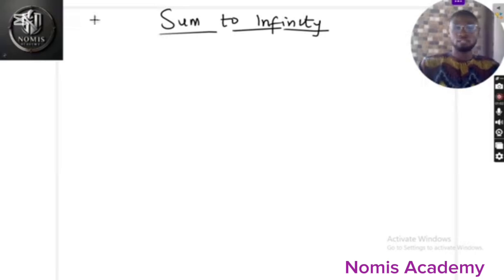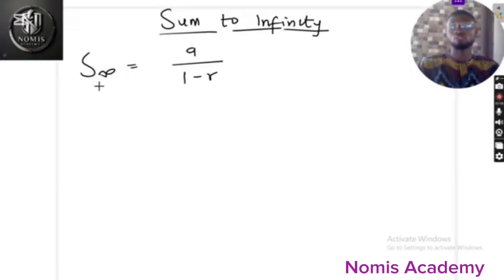So let's take that. Sum to infinity. The formula to calculate the sum to infinity of a GP, with the sign of infinity, is equal to a all over 1 minus r.